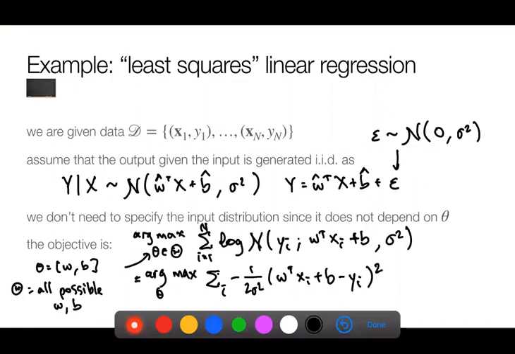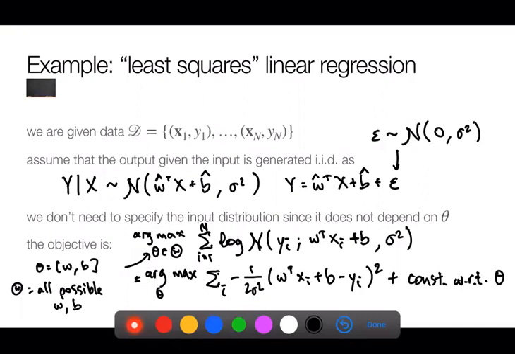Plus, again, something that's a constant with respect to theta, and that thing is something times log 2 pi sigma squared or something along those lines. And the reason that I say that it's a constant is because we only have control over W and b. So if something doesn't show up with W and b in it, it doesn't matter for us. It goes away in the optimization.